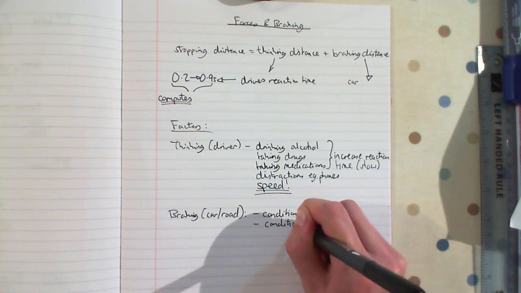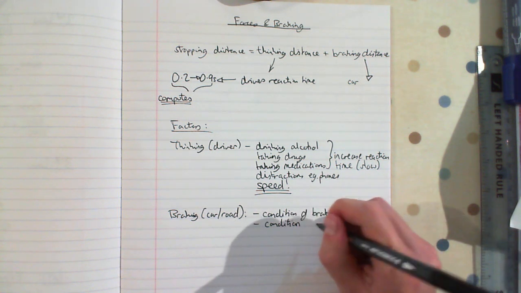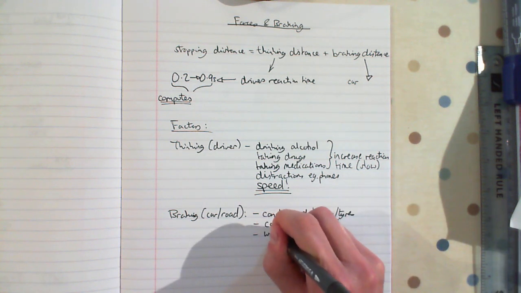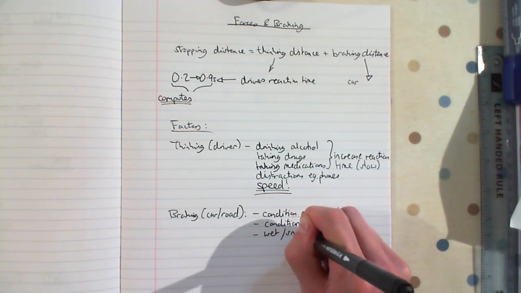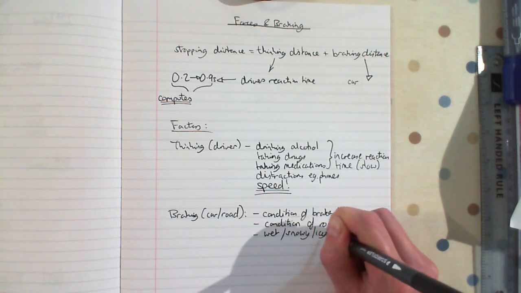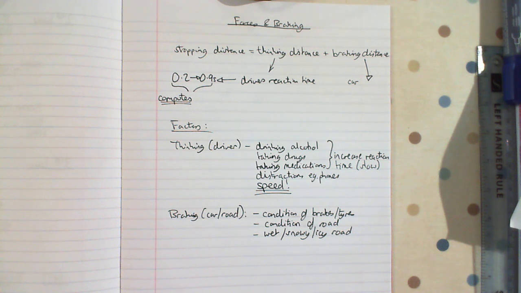If it's in poor condition, you're not going to stop as easily. If it's wet, snowy, or icy road, you're not going to stop as easily. You can't just say the weather though, because wind, sun doesn't have any effect on the braking distance.